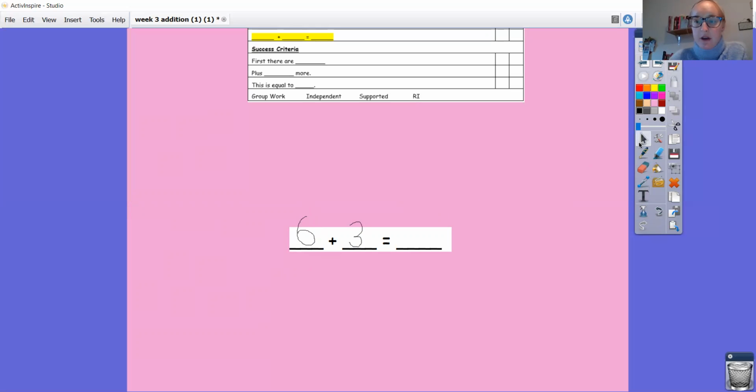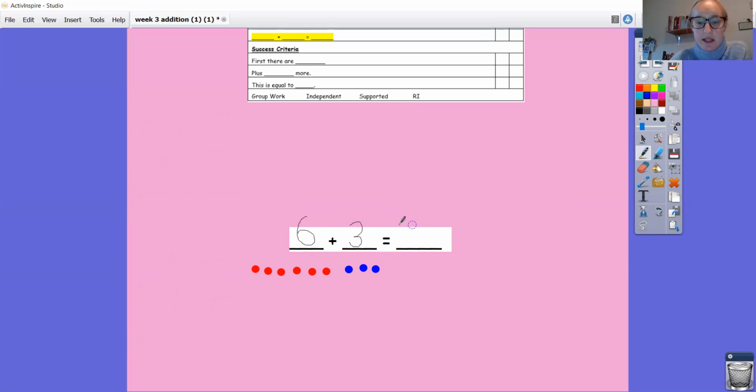Okay. So first, this time I've got 6. So first I need to represent the 6. So I'm going to get my coloured pen out. So first there are 6. So 1, 2, 3, 4, 5, and 6. Plus 3 more. Okay, so plus 3 blue. 1, 2, 3.